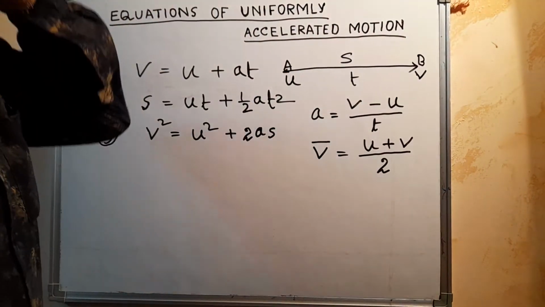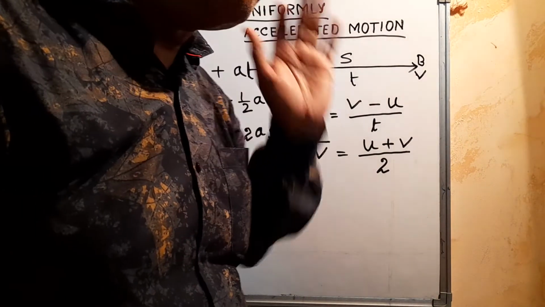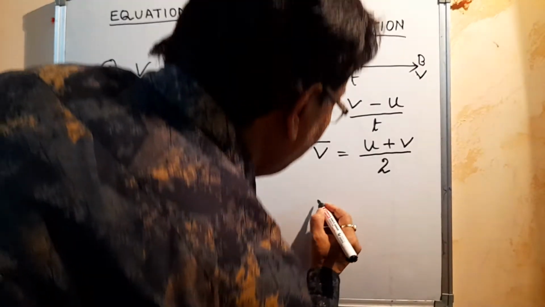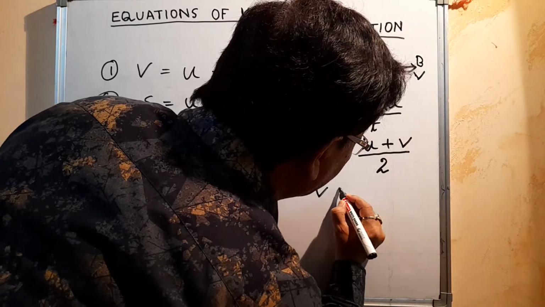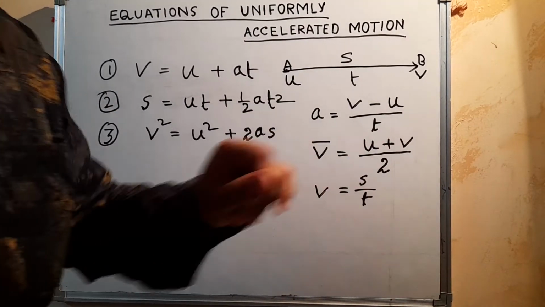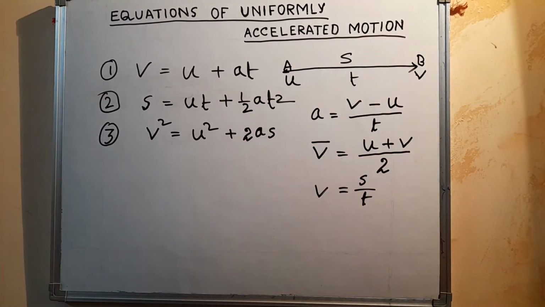Again, we know the velocity is represented by the distance covered per unit time, that is s by t.